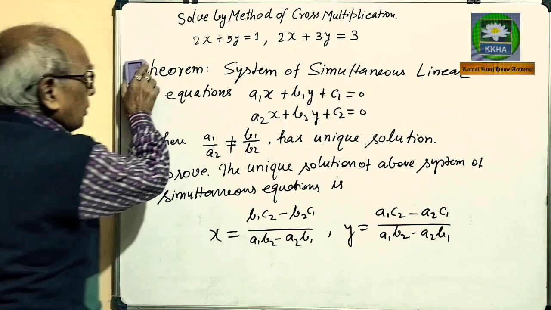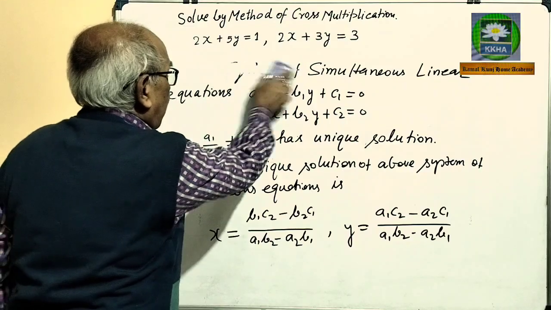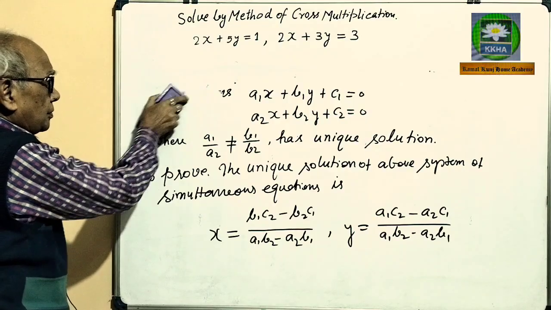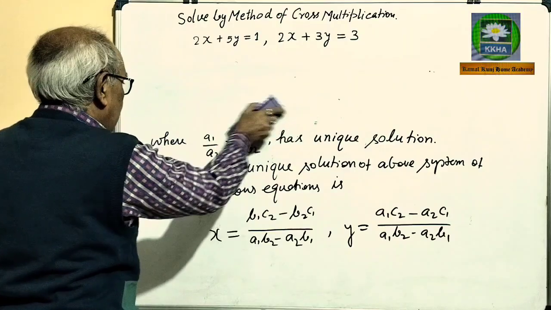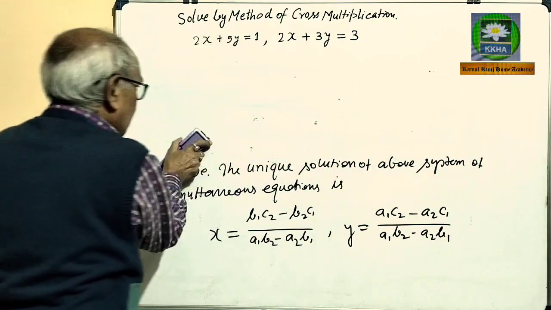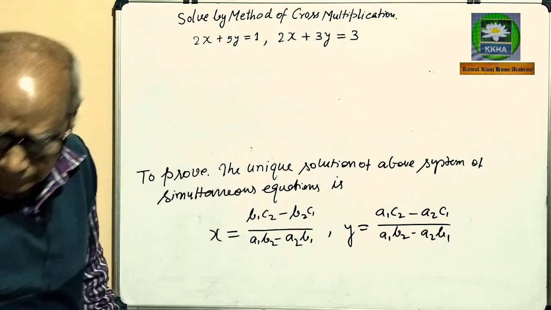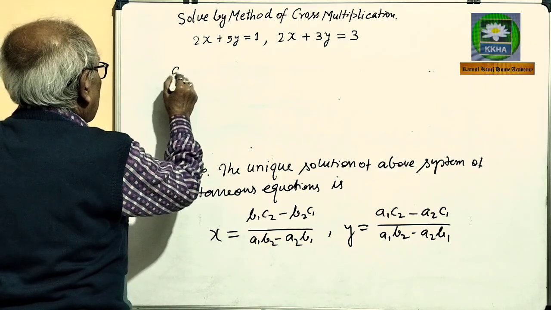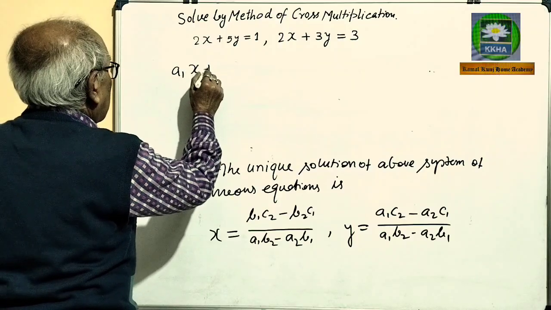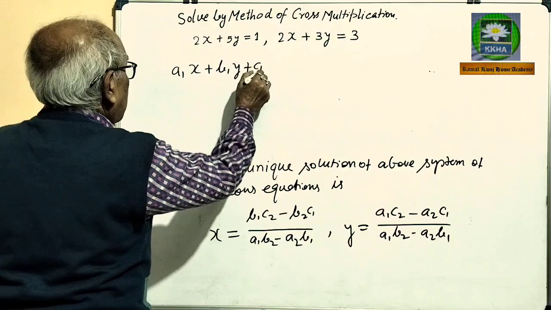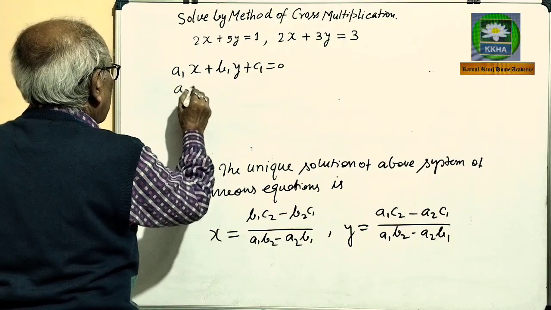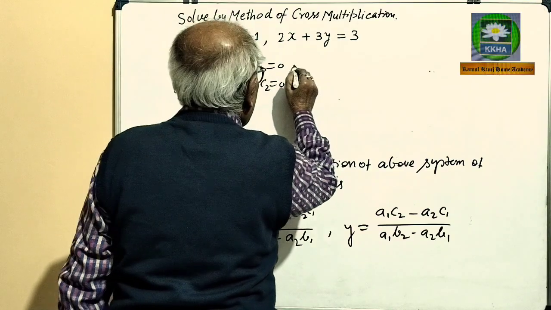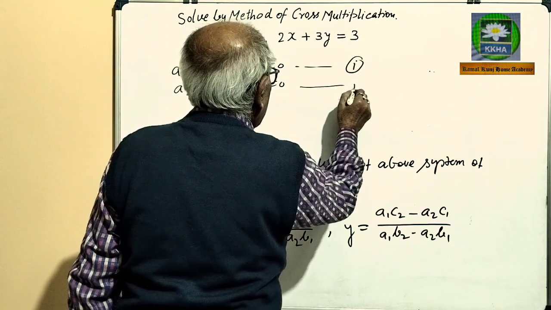Now proof. Here the equations are a1x plus b1y plus c1 equal to 0 and a2x plus b2y plus c2 equal to 0. Let this equation be 1 and this 2.